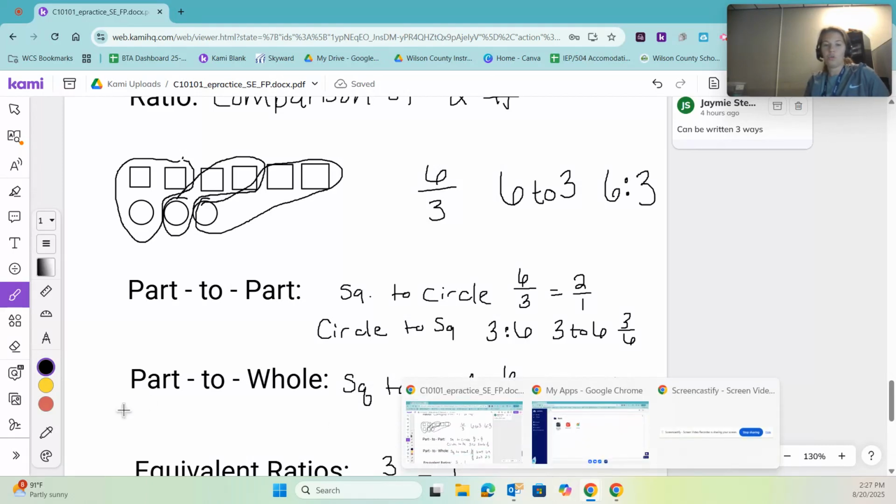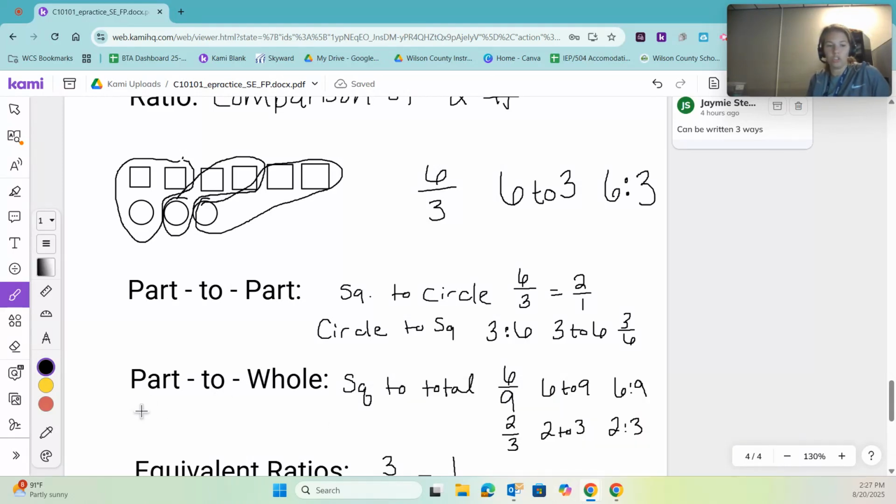Now you could also do a circle to total. Circles to total would be 3 to 9, and again, that can be simplified as well. Again, the order matters, so the way that you say it matches the way that it is written.